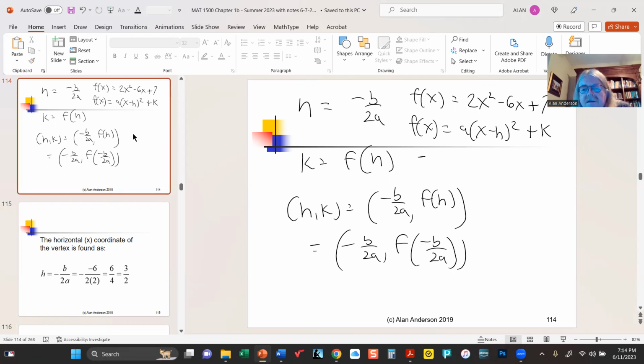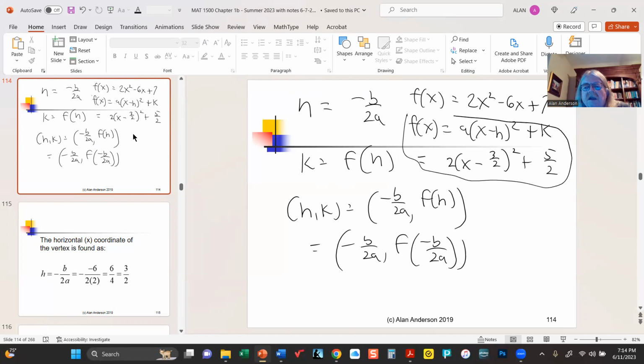So that means in this case, we have 2 x minus 3/2 squared plus 5/2. So this equation and this one are the same parabola. They're just written a little differently. In the second case, it's written so that you can see the vertex right away. In the first case, what you're seeing is, of course, the coefficients, but either one of these could be useful depending on what you're trying to do.